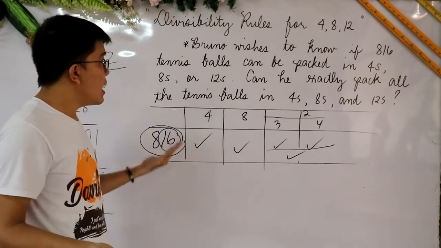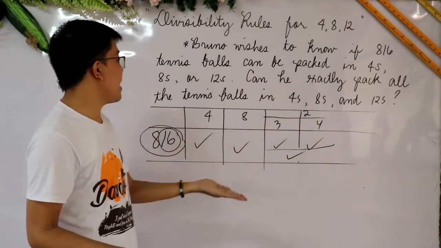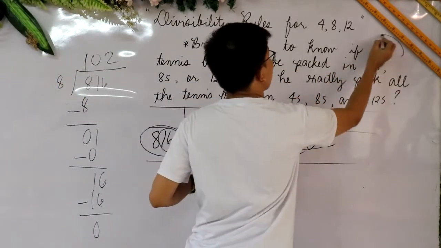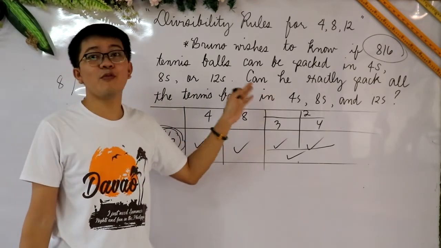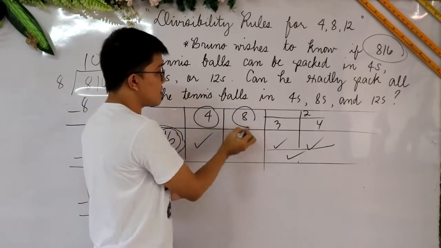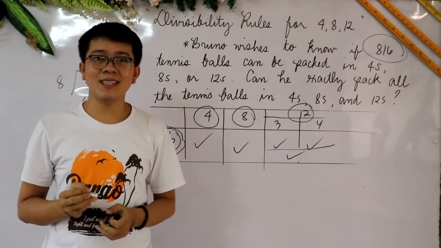And we say that Bruno can exactly pack all 816 tennis balls in 4s, in 8s, and in 12s. Did you get it?